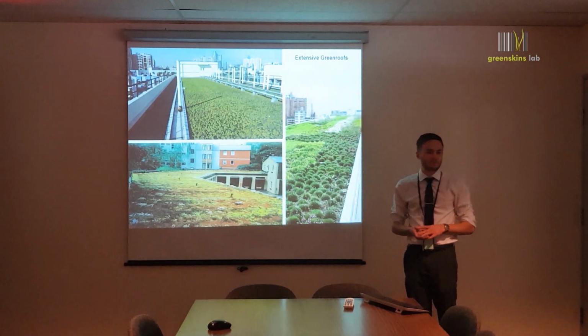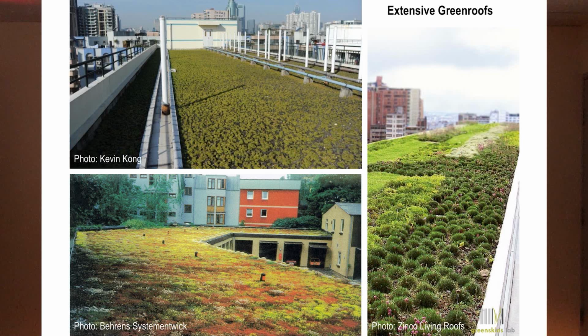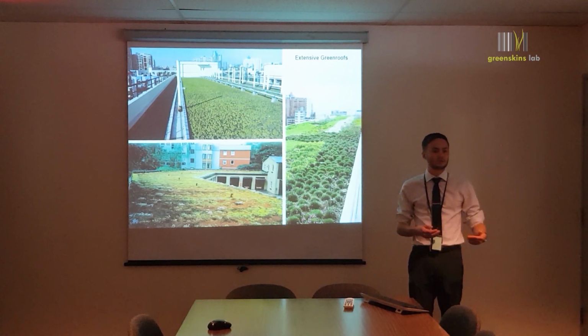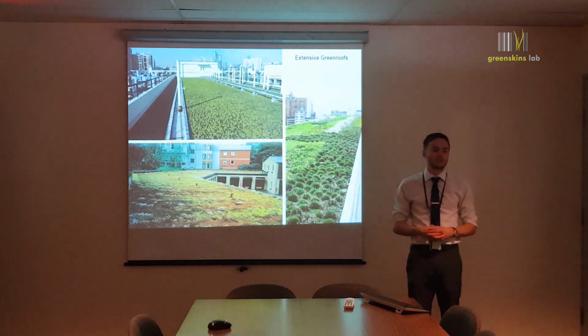Extensive green roofs come in a variety of shapes and forms. The one you see on the top left was an existing building in China where a researcher just decided to put some soil down, and what was left in the soil ended up growing vegetation, and he left it. They found pretty significant stormwater management in just the reduction of how quickly it was reaching the street, and some minor evapotranspiration benefits from that.